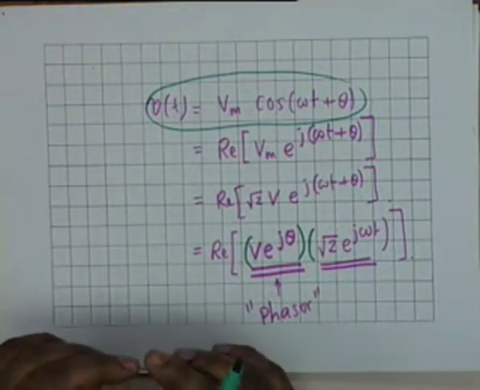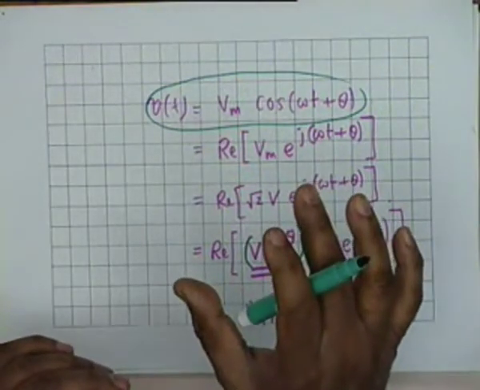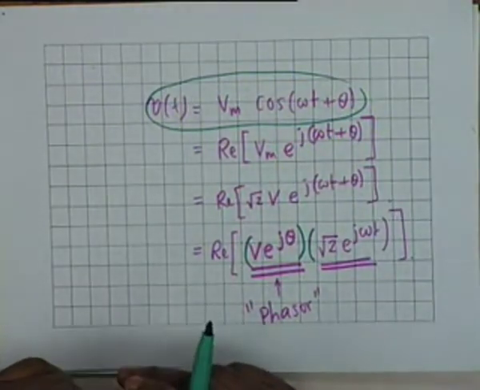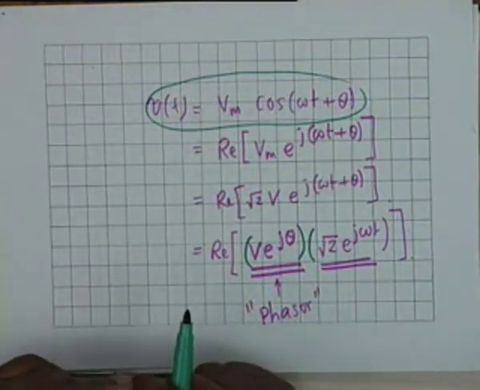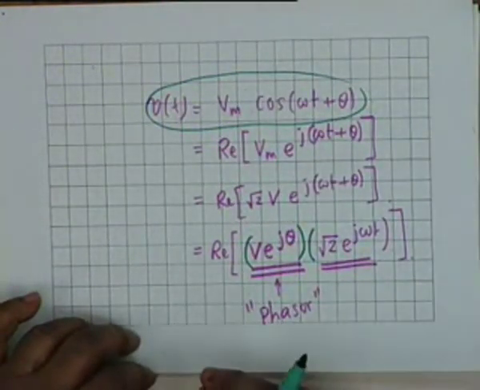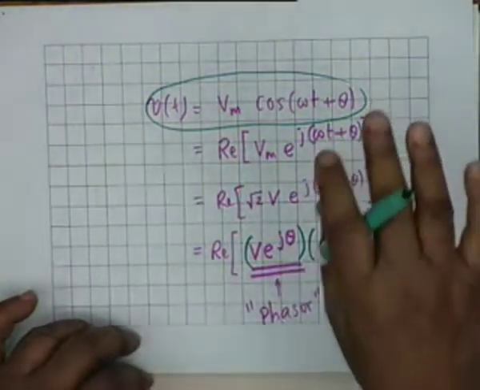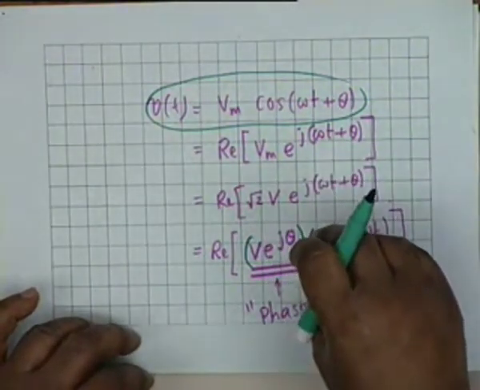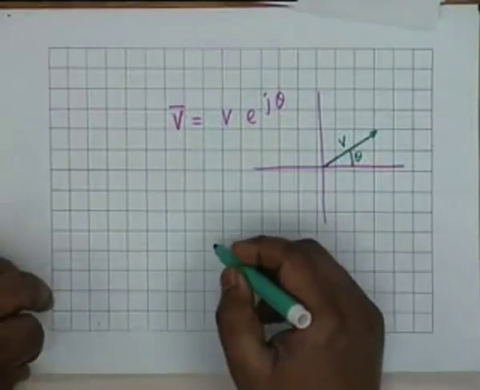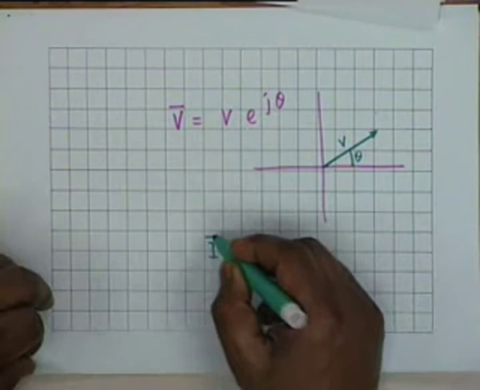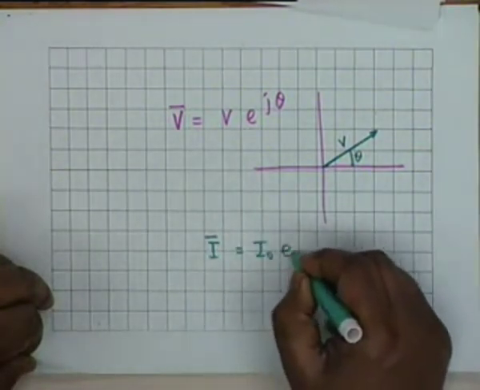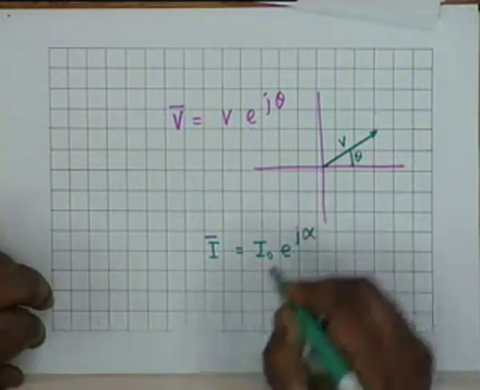So what we will do is, given an excitation which is a voltage or a current, doesn't matter, which is sinusoidal, we shall represent it by a phasor, and then we shall investigate all currents and voltages in the circuit as phasors, and we shall manipulate only phasors. Finally, when we get the desired quantity, it could be, for example, a current, maybe of the form I_0 e to the power j alpha.